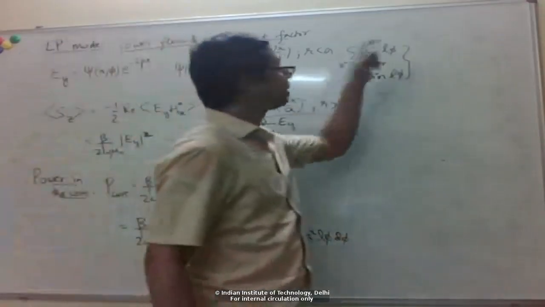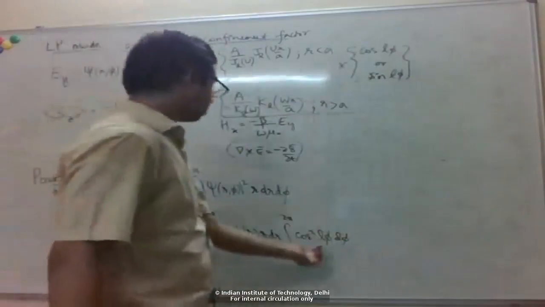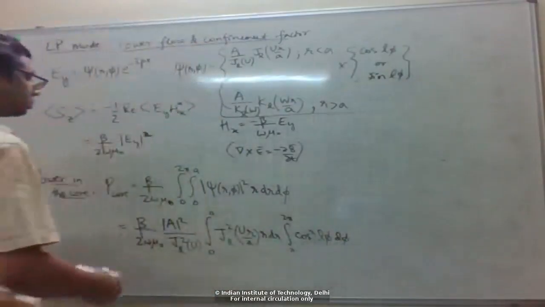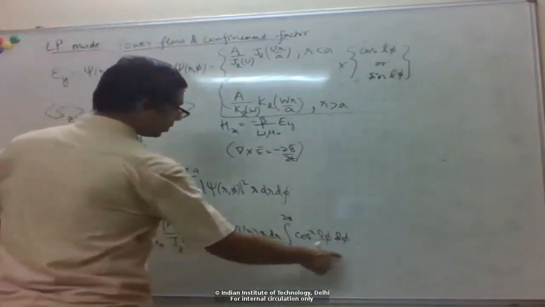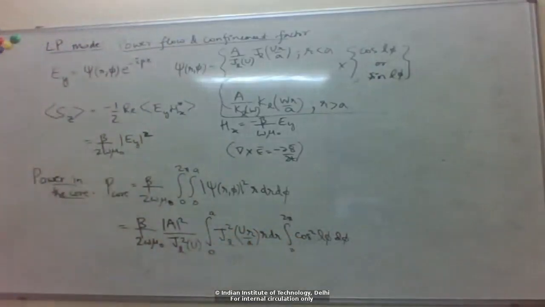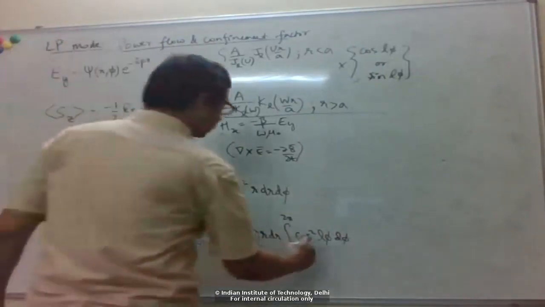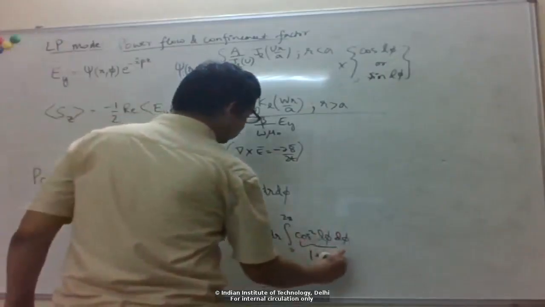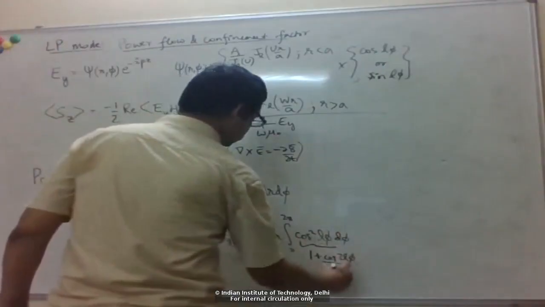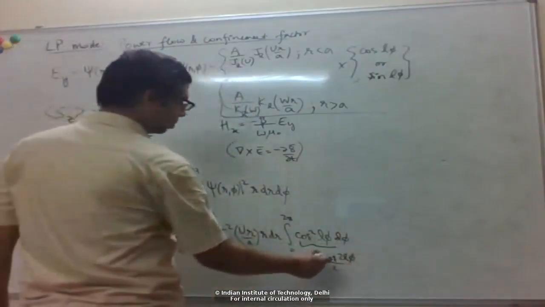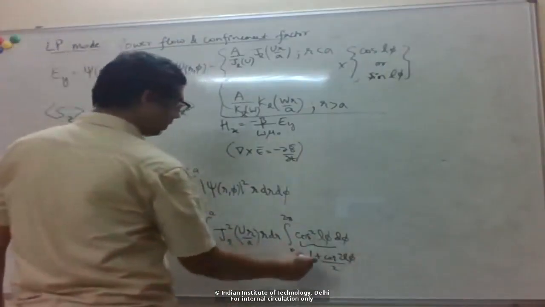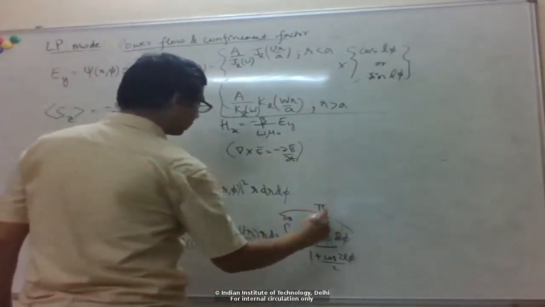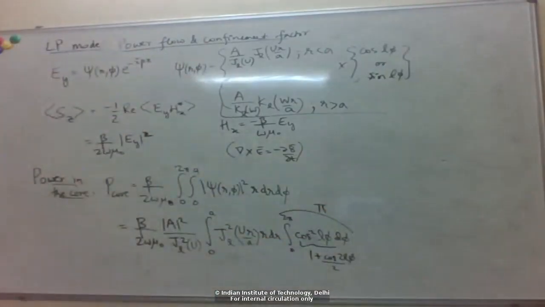So let's take a cosine phi mode, but even if you take sine, you get an equivalent result. We have an integral over the radial coordinate and then over the azimuthal coordinate. If we write cosine squared as 1 plus cos 2 phi over 2, only the constant part will give us a non-zero value for the integral, so this integral is pi.